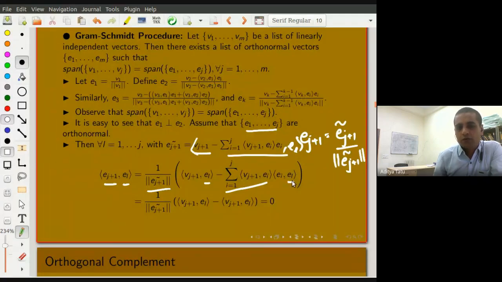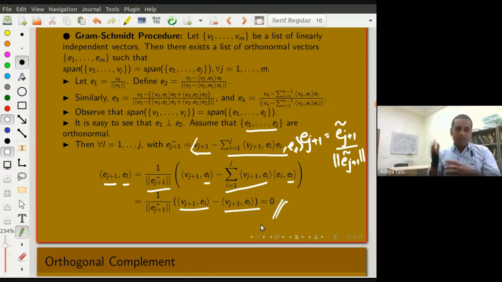Now what do we know about EI and EL, for I going from 1 to J? You know that E1 to EJ are orthonormal. So this inner product has to be 0 unless I is equal to L. For I equals L, this summation becomes VJ plus 1 inner product EL. But that's exactly what is over here. Therefore, you get 0.